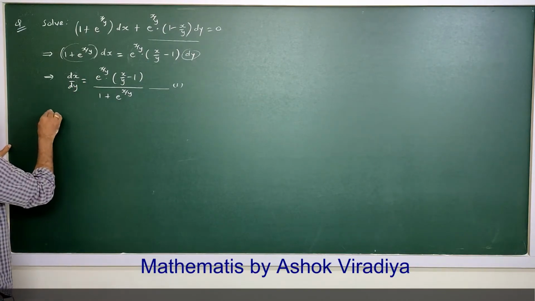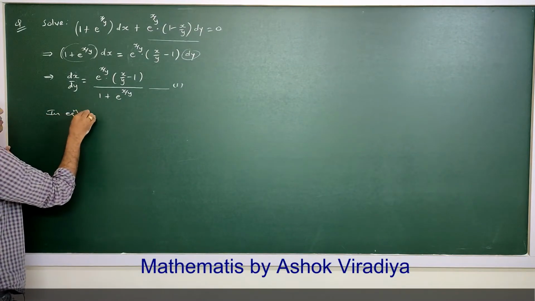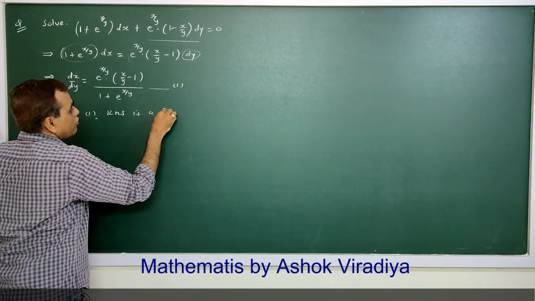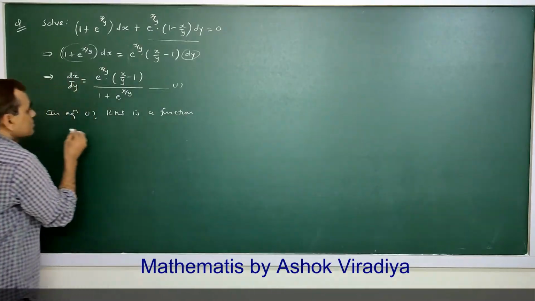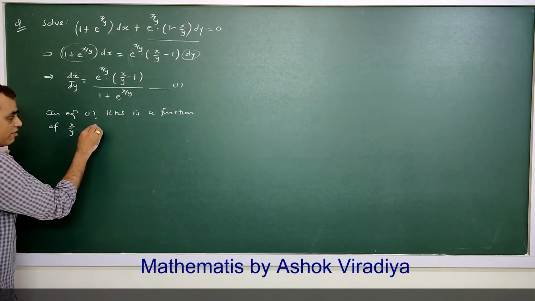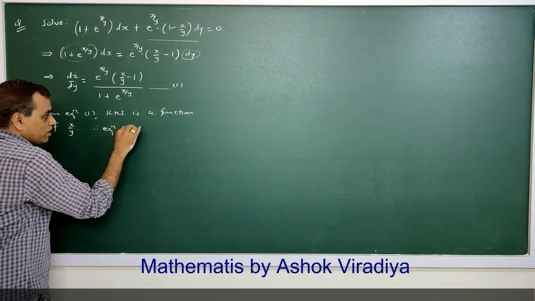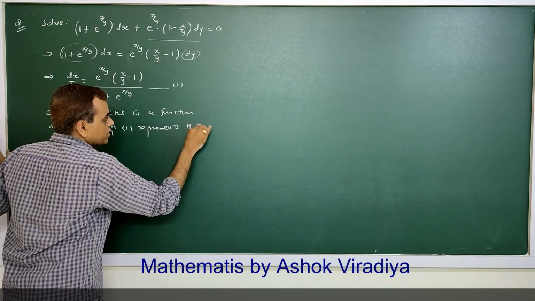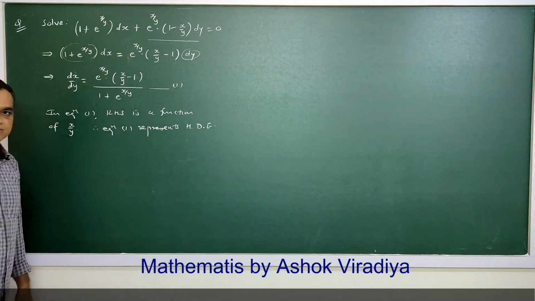So in equation 1, RHS is a function of x by y only. Therefore, equation 1 represents homogeneous differential equation.